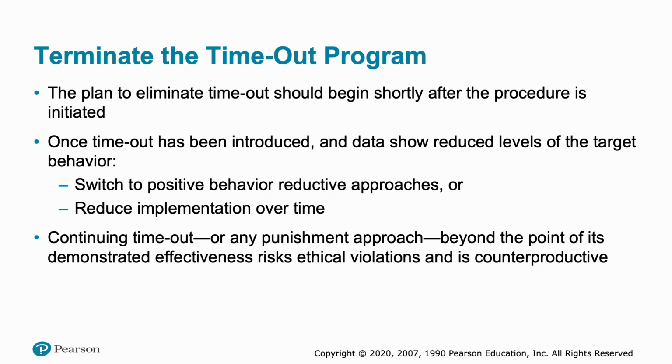So if you're already seeing reductions in the behavior, you should set criteria for which percentage reduction will allow you to then consider a less restrictive intervention, such as maybe using differential reinforcement of alternative behaviors or differential reinforcement of incompatible behaviors. Are there more positive interventions that you can use instead, since you've already reduced the behavior to a more acceptable level, or a level that allows you to intervene with interventions that are more positive instead of punitive?